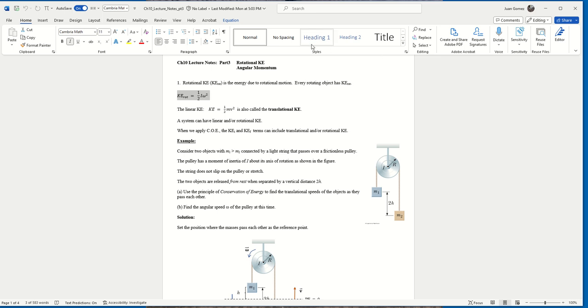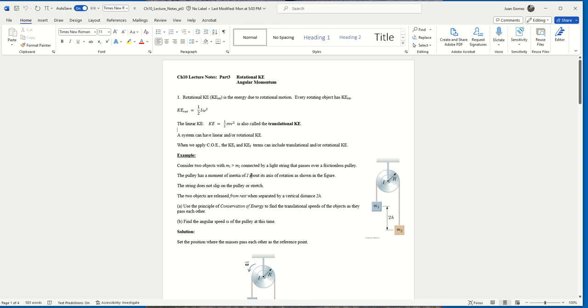Now, remember, there's also linear or translational kinetic energy. Translational and linear mean the same thing. The linear kinetic energy of a moving object is 1/2 mv squared. So a system, which we'll look at in this figure, can have linear and or rotational kinetic energy.